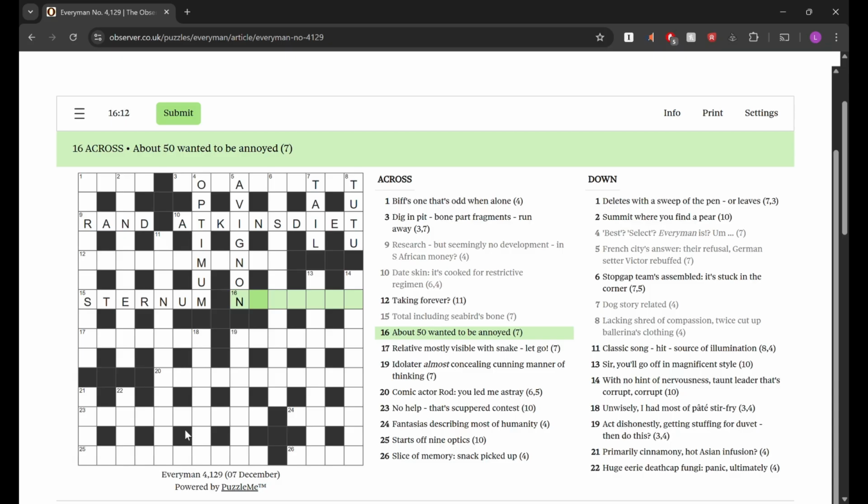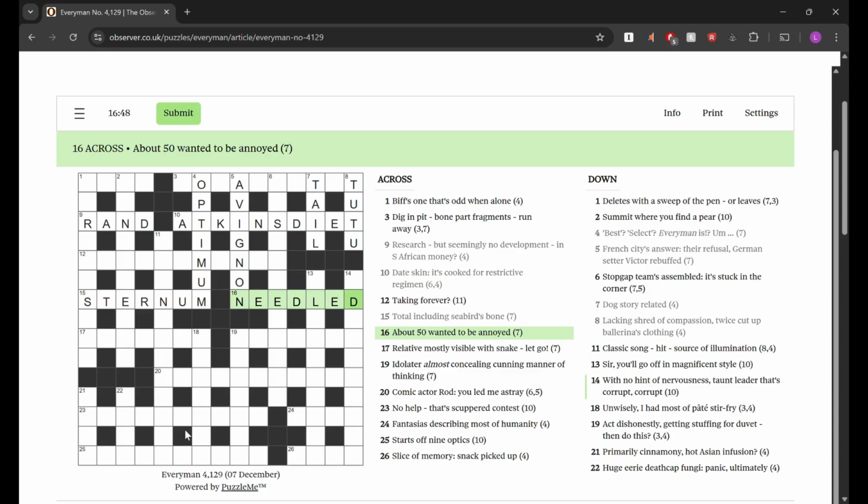Let's go 16 across. About 50 wanted to be annoyed. 50 in Roman numerals, is that L? Wanted to be annoyed, like nagged or something, or needed.